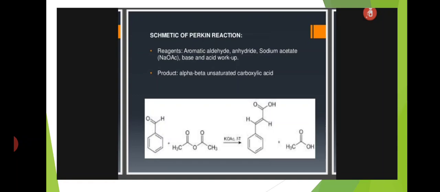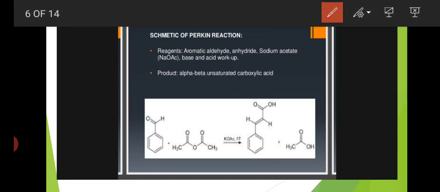Okay, next, the schematic of Perkin reaction. Here the reagents are aromatic aldehyde, anhydride, sodium acetate, base and acid workup. The product is an alpha beta unsaturated carboxylic acid.